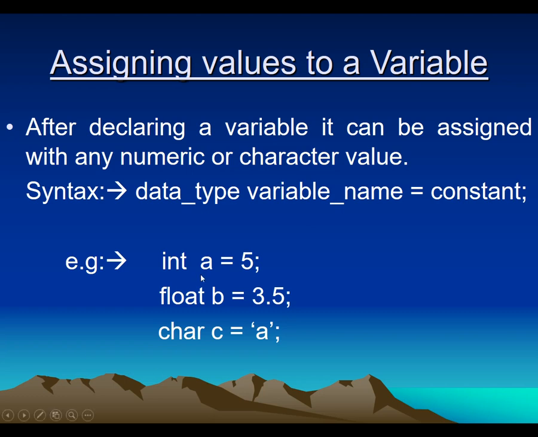In this slideshow, you can see three different lines in which I have written integer A equals 5, where the value of A is fixed at 5, float B equals 3.5, where the value of B is fixed, and character C equals, in single inverted commas, A, where the value of C is fixed. We have even written a program for the same.